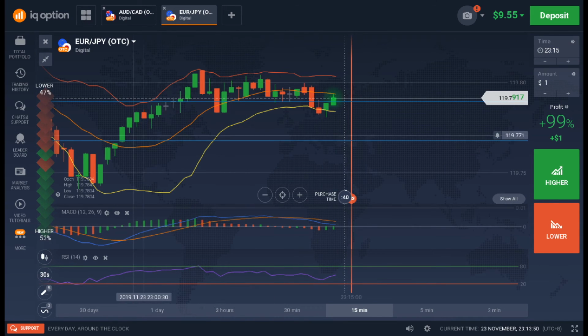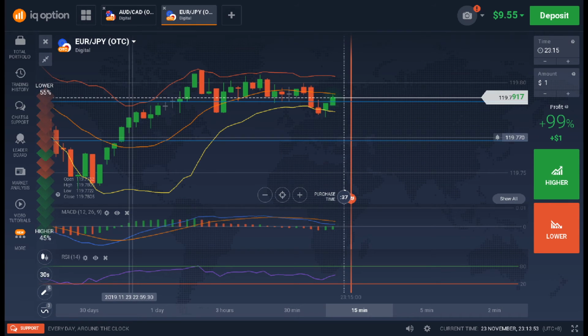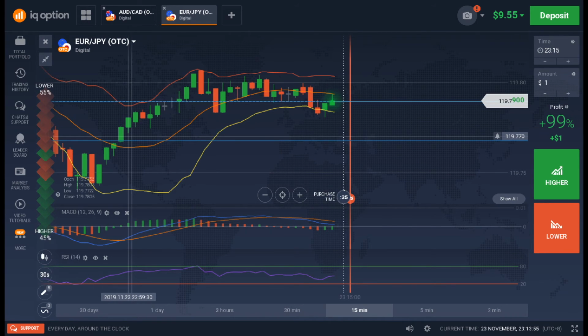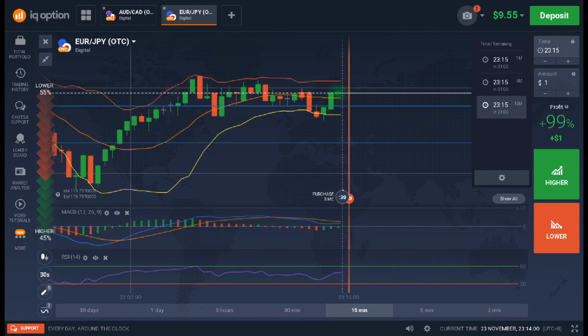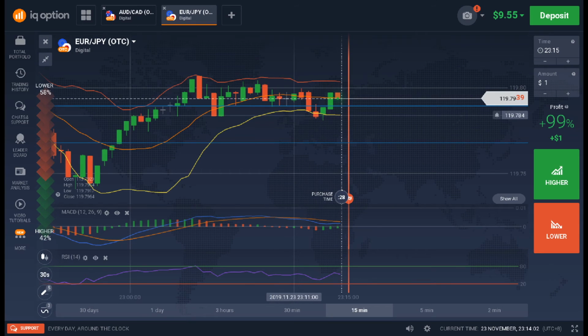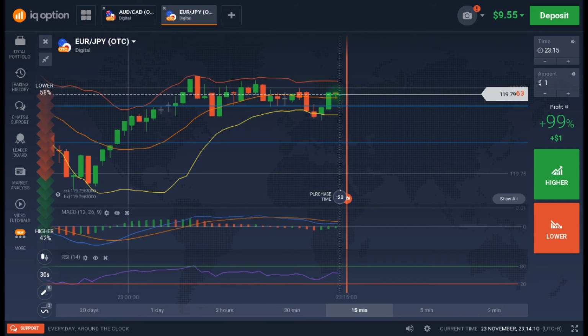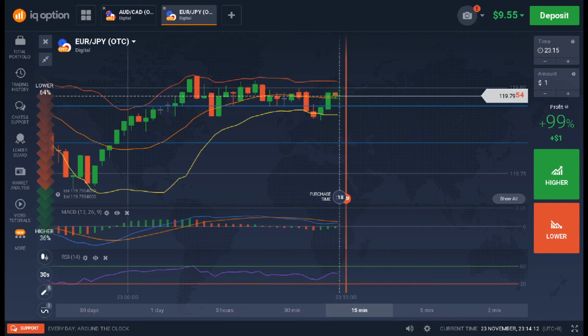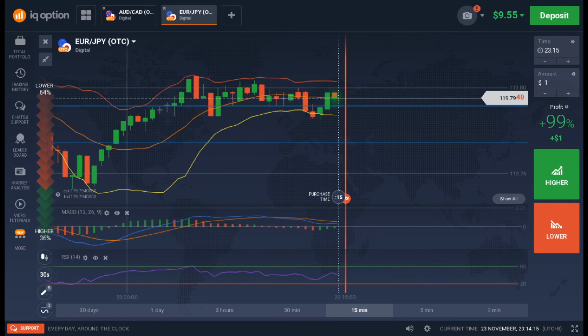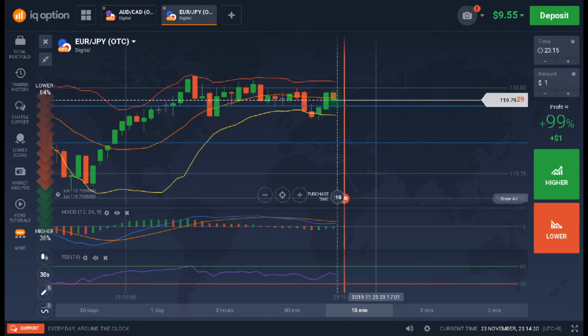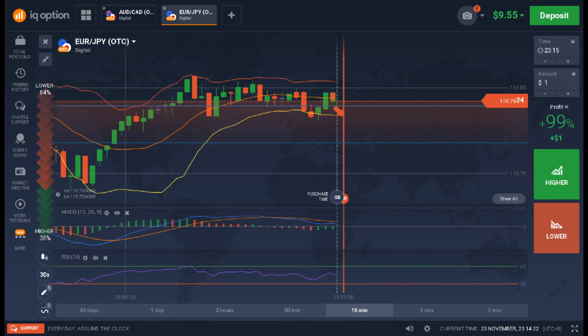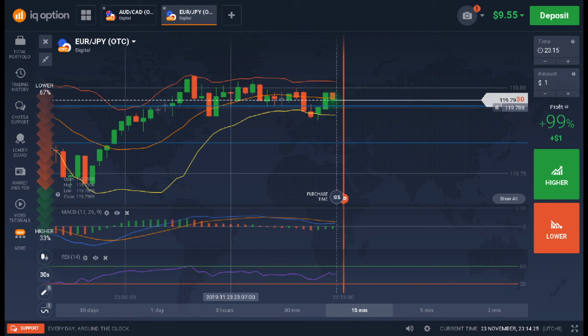Like earlier, it went against our analysis, but because I entered at a 15-minute time frame, there was an opportunity for the price to go back and for us to gain a little profit out of it. But prior to that, I already made several trades within that 15-minute mark. So I think that's safe. So I'll just wait for it to finish and start a brand new time frame before I enter again.